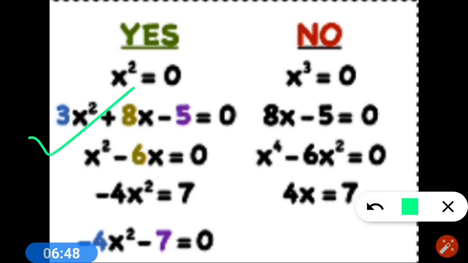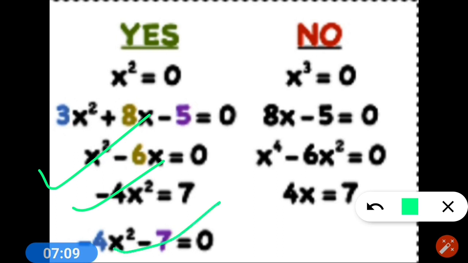In the second one, 3x square plus 8x minus 5 equal to 0: yes, it is quadratic because the highest degree is 2 and there is a symbol of equal to. Similarly, the third one is a quadratic equation. The next one is also quadratic as the degree is 2. The next one is also quadratic, highest power is 2. But in this case, it is not a quadratic equation because the highest power is 3.